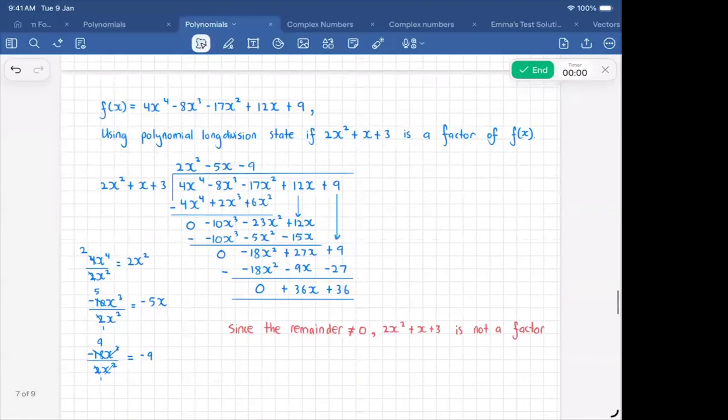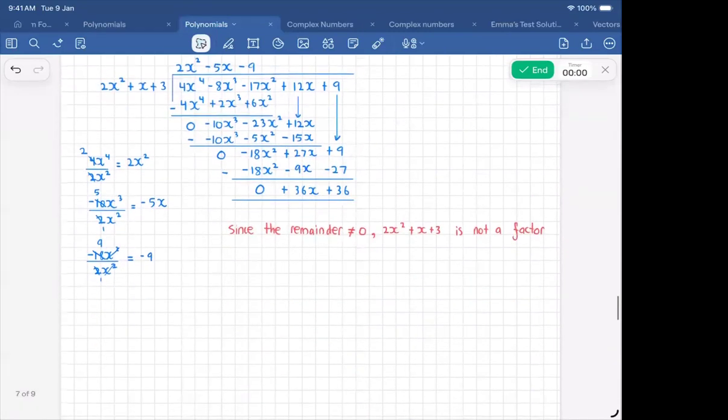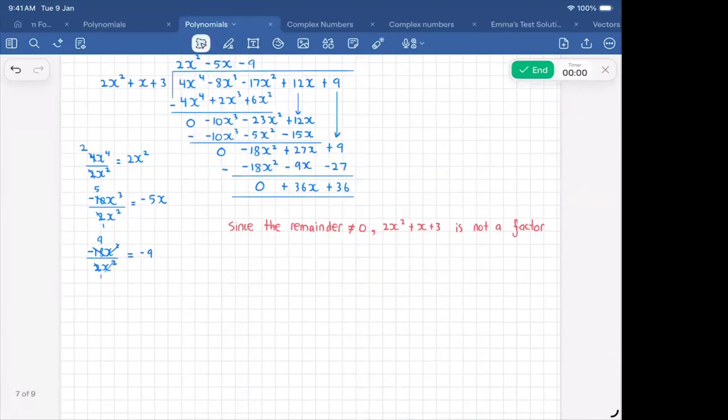So that's the question there. That makes a lot more sense. So f of x is that; using polynomial long division, state if it is a factor of f of x. Since the remainder is not equal to 0, it is not a factor.